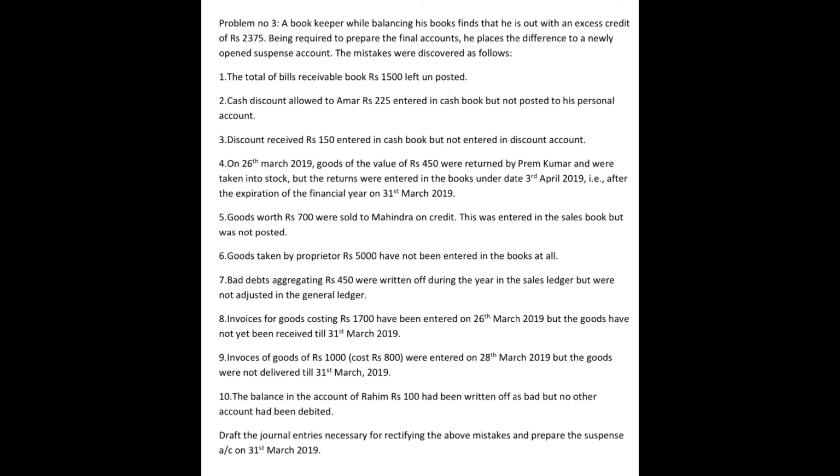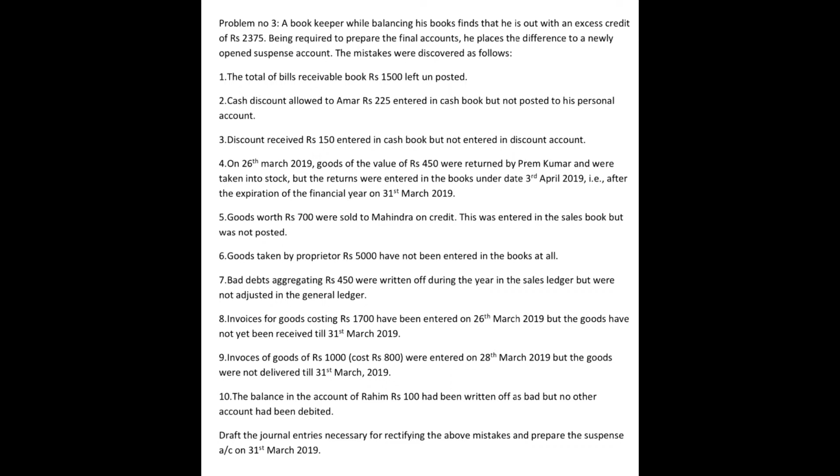Seventh, bad debts aggregating 450 rupees were written off during the year in the sales ledger but were not adjusted in the journal ledger. Eighth, invoices for goods costing 1700 rupees have been entered on 26th March 2019, but the goods have not yet been received till 31st March 2019.